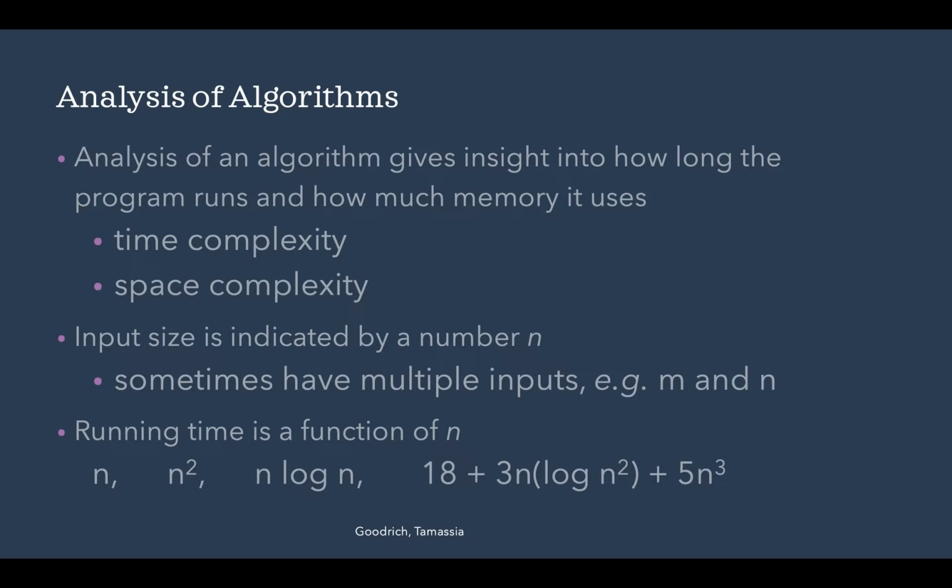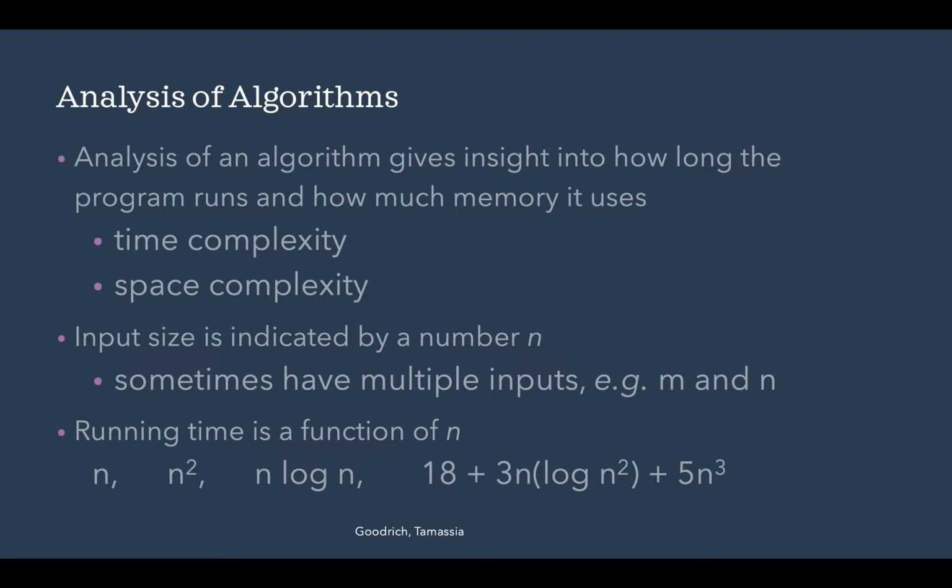Another parameter which helps you compute the time complexity of the algorithm is the input size. Based on the input that you give into the algorithm, your efficiency or response time may change.